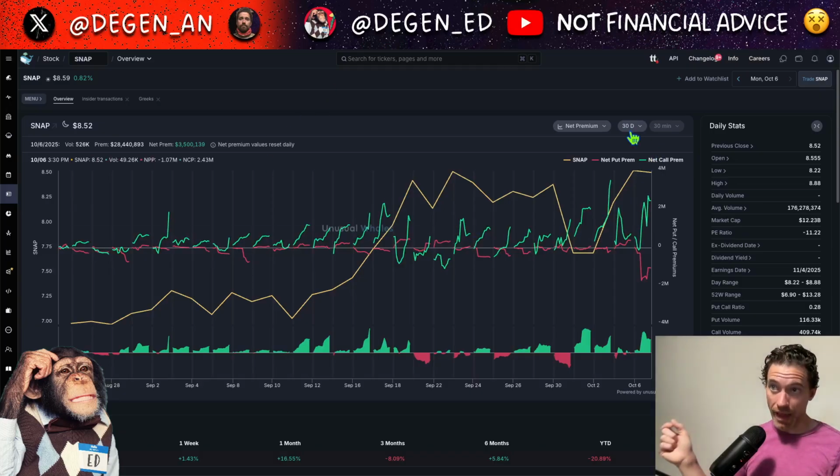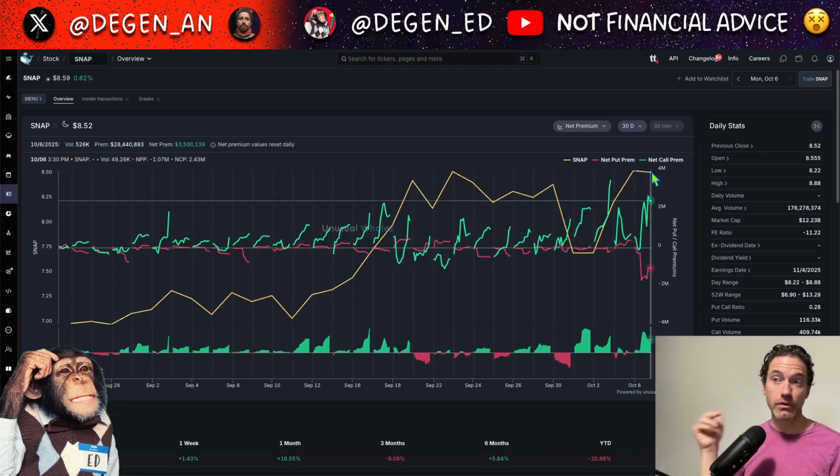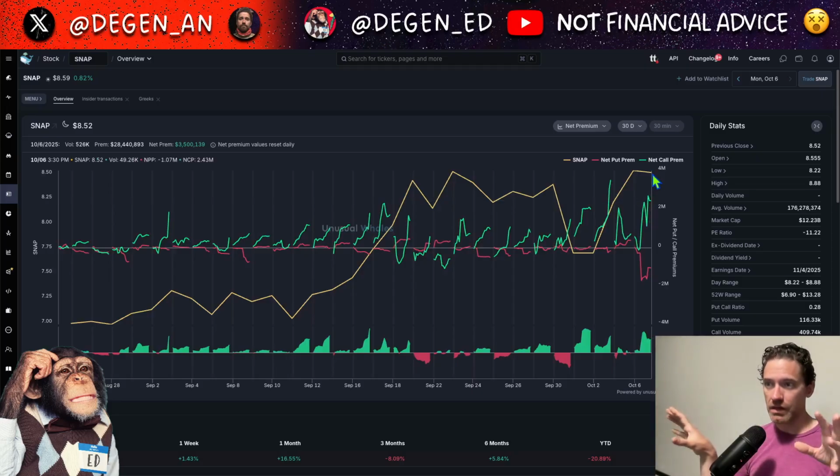And so this is the past 30 days looking at Snapchat. And what we can see in yellow is the stock price did go up, did pull back, and then did bounce up a little bit higher. And so what are some trends that we see going on here with the data on the screen.